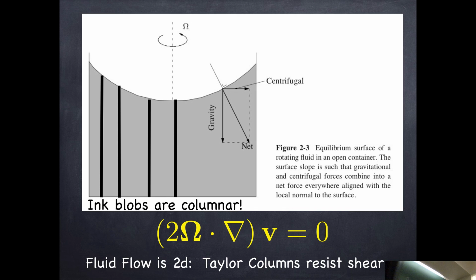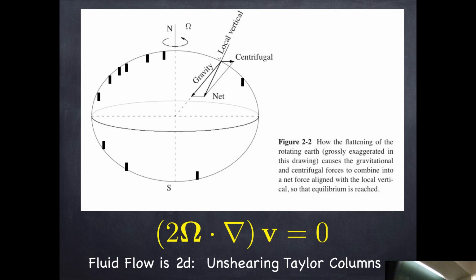So the fact that the G force is not down, Taylor columns don't care about that in this case. Okay, so the motion isn't sheared in the direction of the axis of rotation. What about on a planet? So now the axis of rotation is always this way. And gravity and centrifugal. So which way did Taylor columns point there?